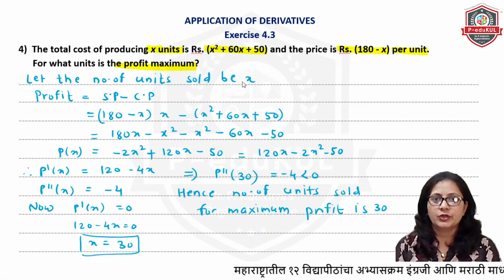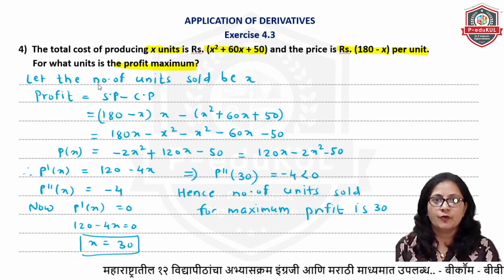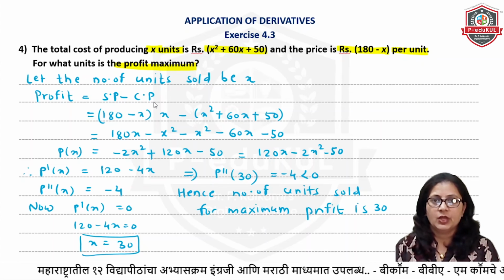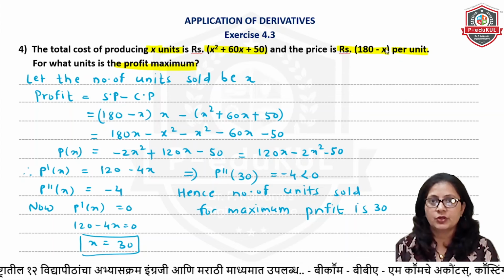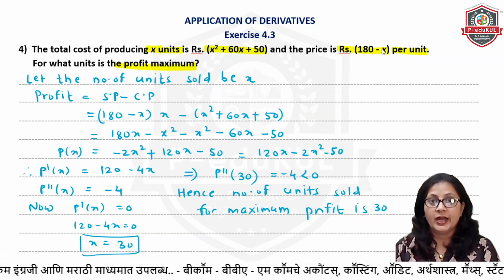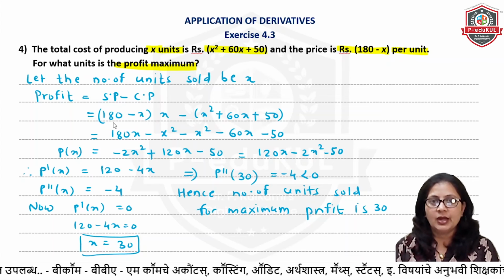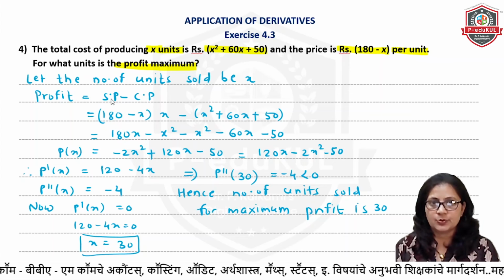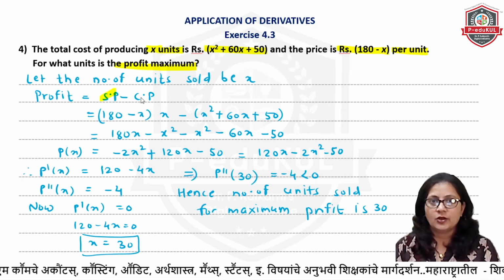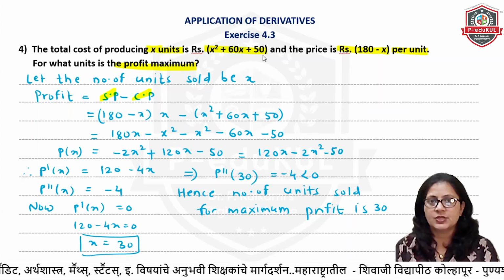So let the number of units be x, जो निकालना है that we will let it as x. So profit will be what? SP minus CP. Now 180 minus x, the price is given per unit, and x number of units are produced. So x multiplied by 180 minus x will be SP, selling price, and cost price is already given. Cost price is x square plus 60x plus 50.